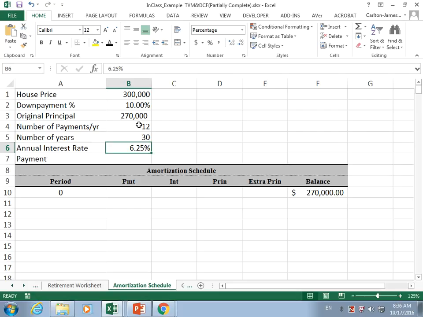But if you want to pay off your mortgage quicker, they often will allow you to pay bi-weekly or weekly. You can actually make a mortgage payment every 2 weeks or every week. You will end up paying off your mortgage quicker that way. And so the number of payments per year will be adjustable.